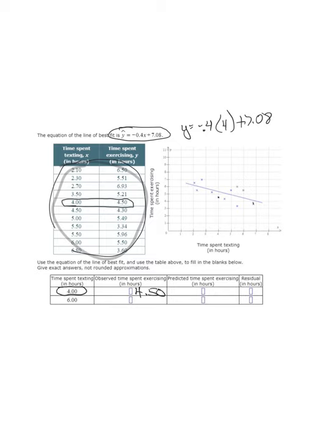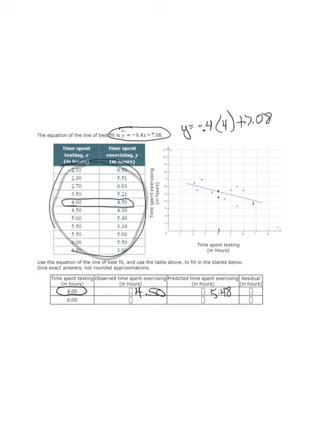And get a value. I'll do that real quick. Maybe I can get my calculator working here. I think that's going to come out to 5.48. If I look at my picture, here's 4, come up to the line, that point on the line is my predicted value.